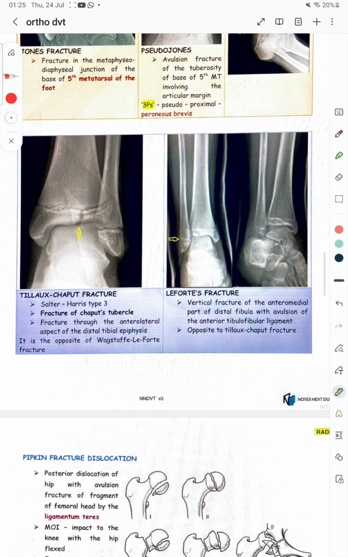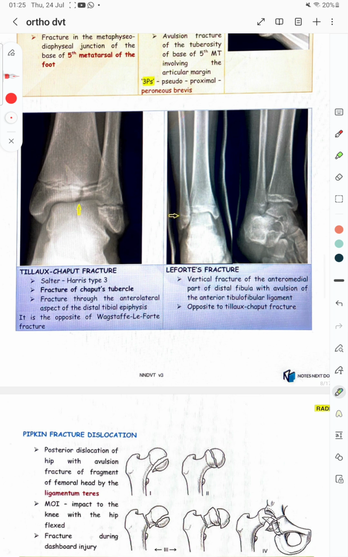Tillaux-Chaput fracture, Salter-Harris type 3, fracture of Chaput's tubercle, fracture through the anterolateral aspect of the distal tibial epiphysis. Le Fort's fracture, vertical fracture of the anteromedial part of the distal fibula with avulsion of the anterior tibiofibular ligament, opposite to Tillaux-Chaput fracture.